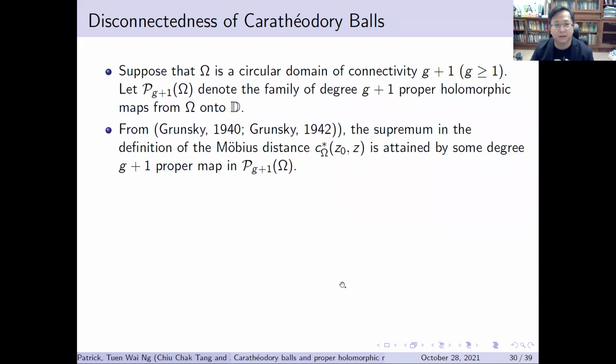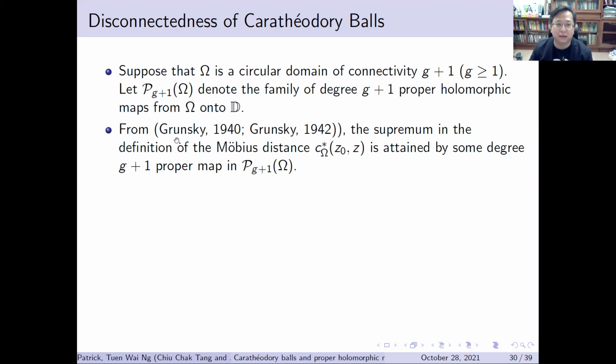Recall that the omega we are going to consider has connectivity g plus 1, and g has to be greater than or equal to 1. We use the notation P_{g+1}(omega) to denote the family of degree g plus 1 proper maps from omega onto D.